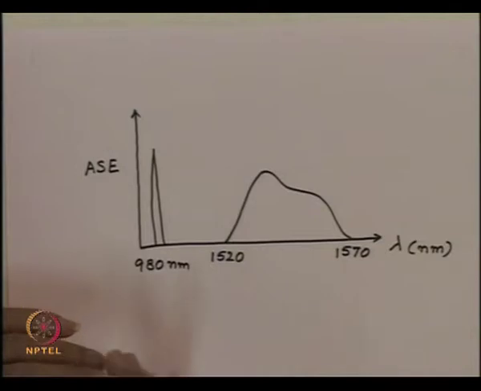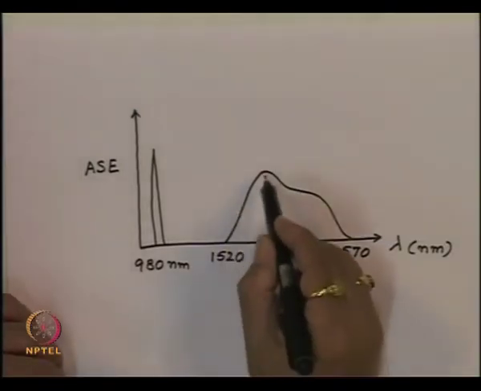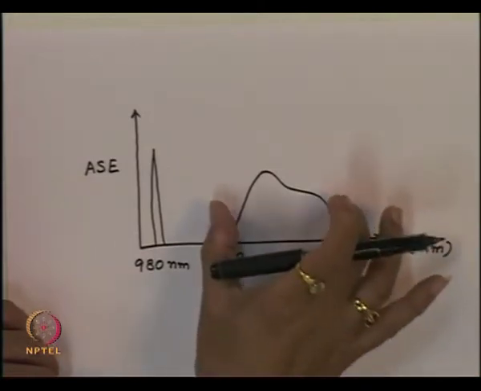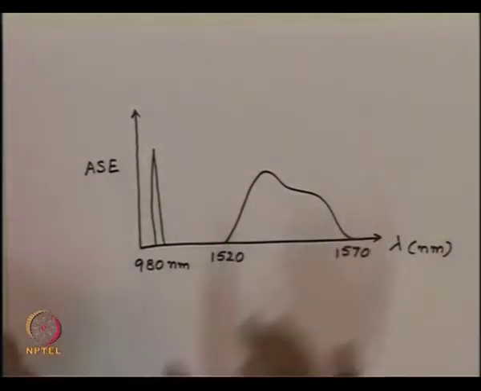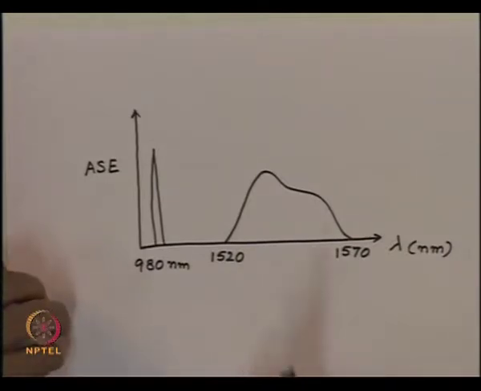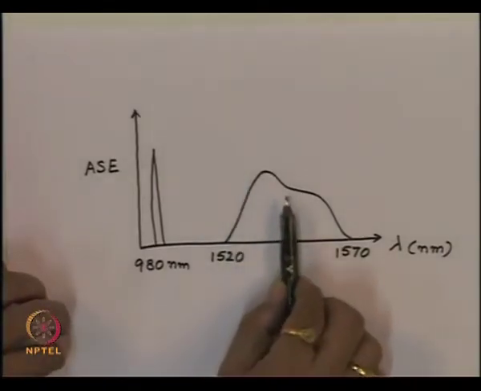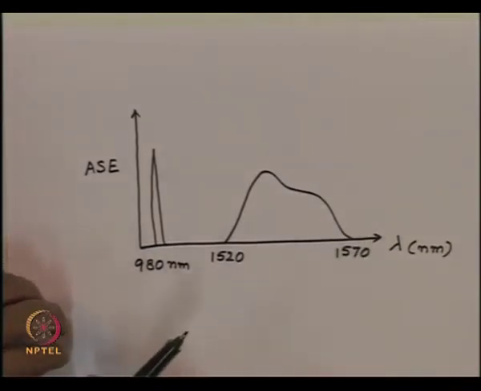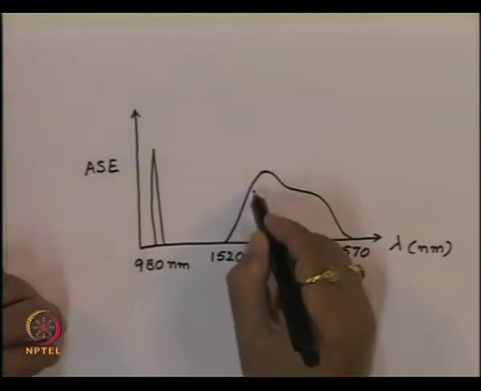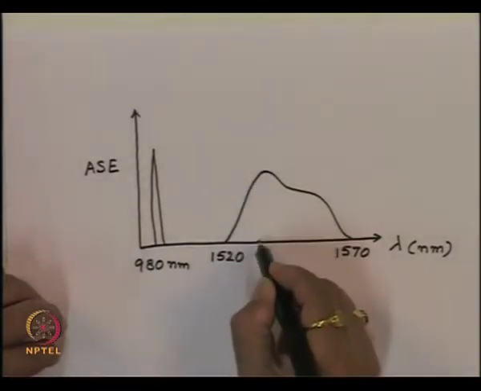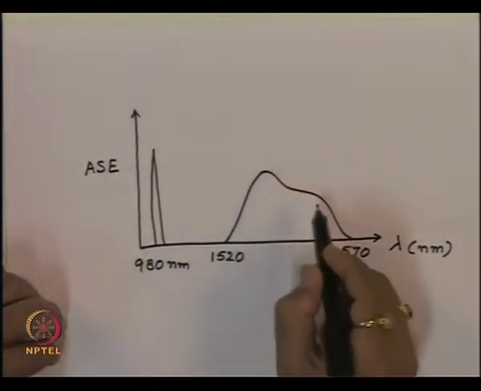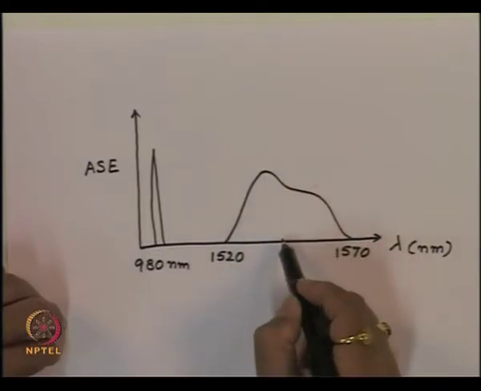So in the absence of the signal, we get a very broadband signal, typically of a width of about 30 nanometer. But if we have a signal, then essentially this also defines the gain profile of the amplifier. If you put the wavelength corresponding to this, it will give me higher gain. If you put here, the gain will be a little lesser.